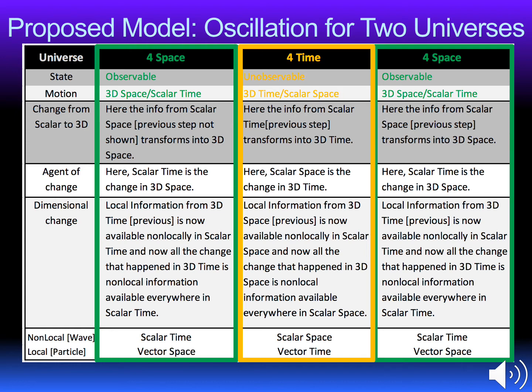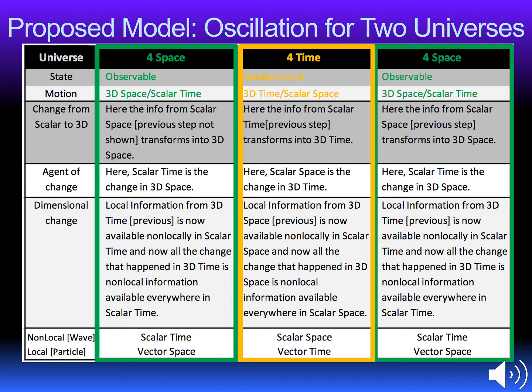And then the change from scalar to 3D. Here all of the information from scalar space, which was in the previous step not shown, is transformed into 3D space. The agent of change here is scalar time because, as we've talked about, without time there can be no motion in space, and so time is the agent of change.